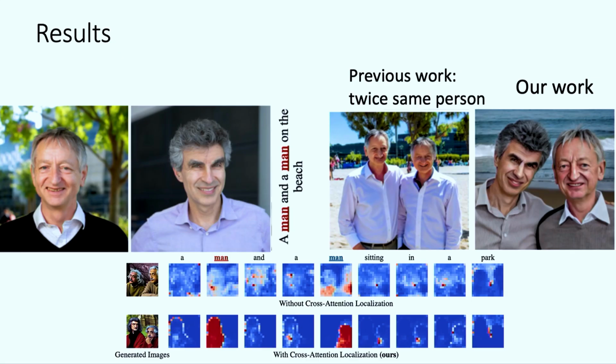And you know, the punchline is that it works. Instead of getting twice the same person, our work really manages to get you the two individual people. This is with two other famous scientists, where in our work we really force the cross-attention to focus on the relevant parts of the image. And I really think that this general approach is going to show up more and more.